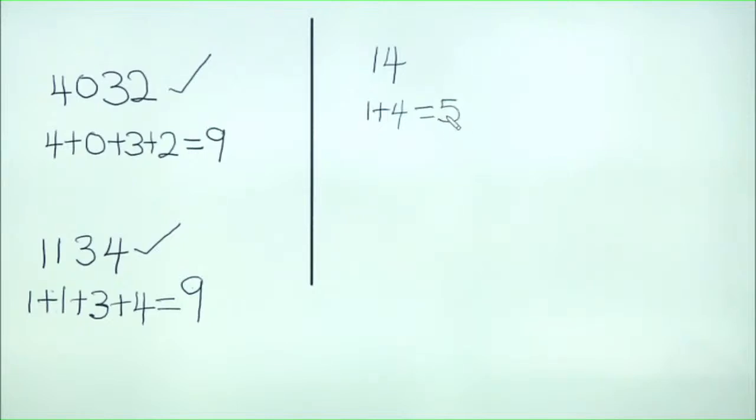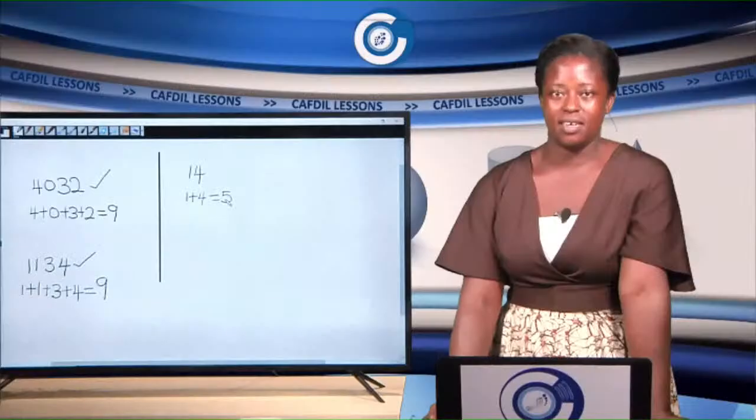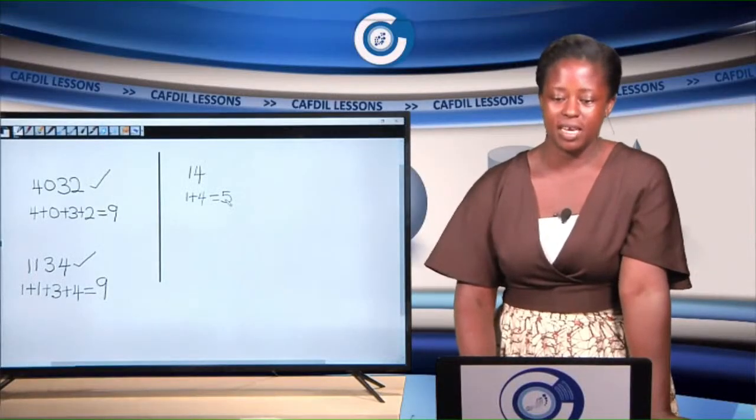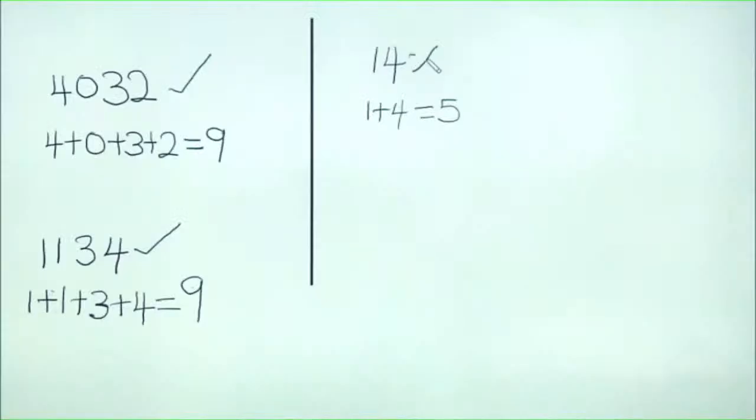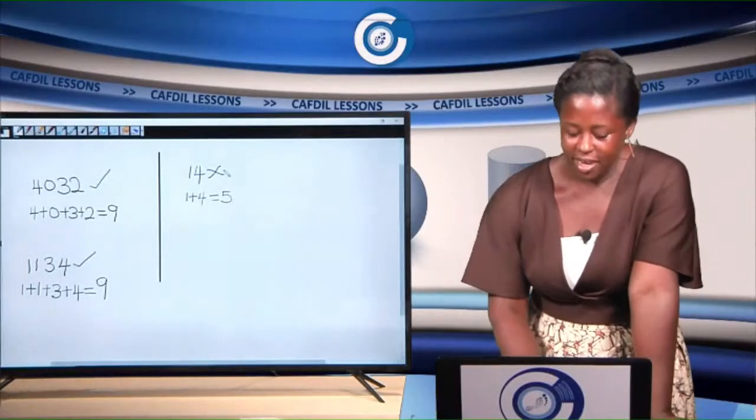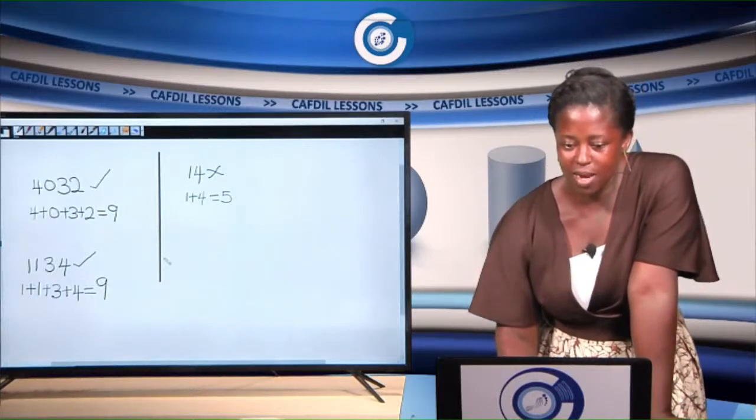Is 5 divisible by 9? No, 5 is not divisible by 9. So the number 14 is not divisible by 9. When we divide it by 9, there will be a remainder. Alright, let's look at another one.